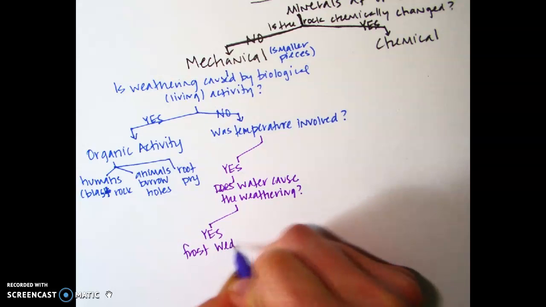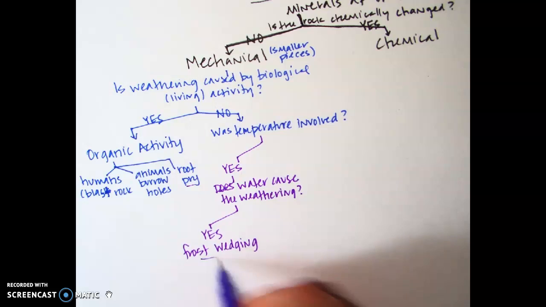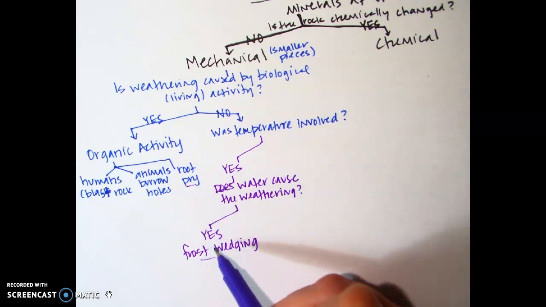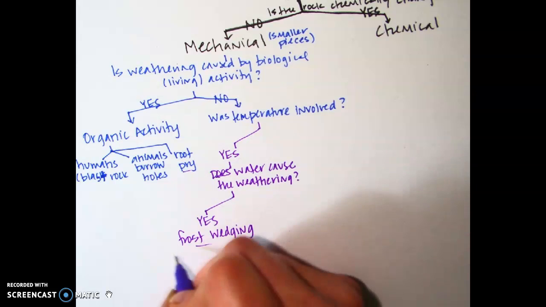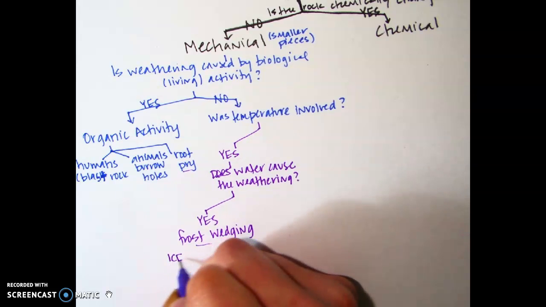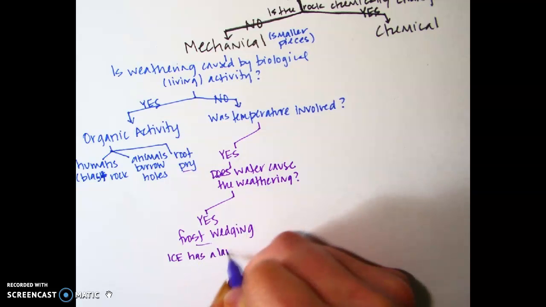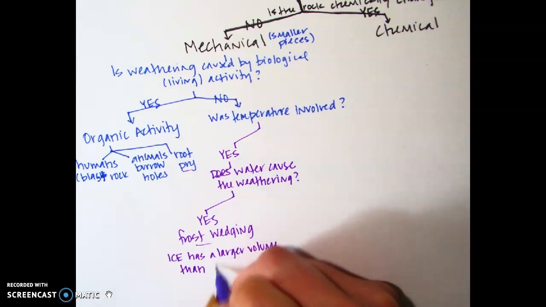Root pry and frost wedging are similar in the sense that something is getting into the crack of the rock and is increasing in diameter and breaking the rock apart. So ice has a larger volume than liquid water.